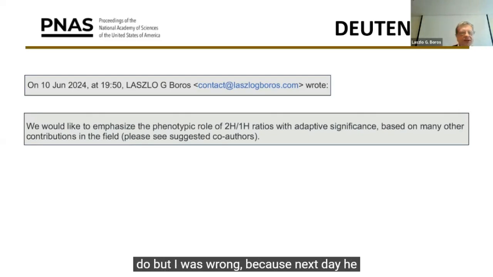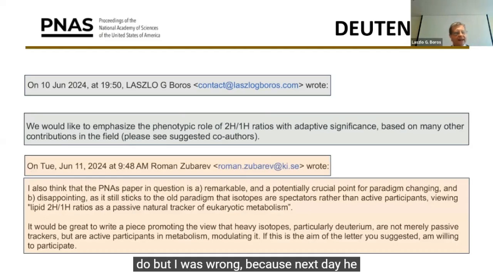But I was wrong, because the next day he actually wrote back to me, and this is very important, because this is actually a game changer in the whole field.